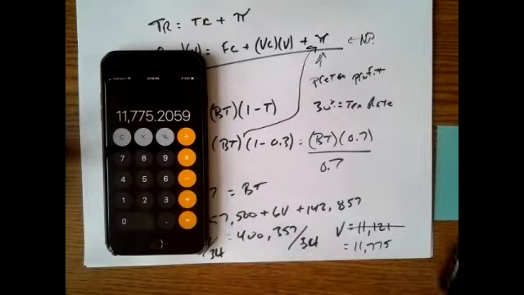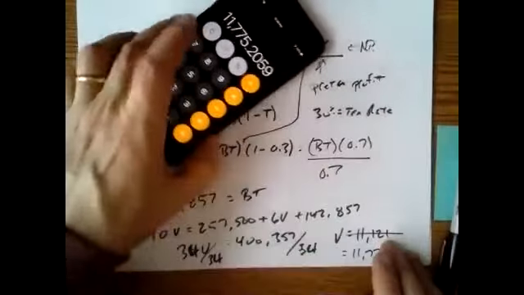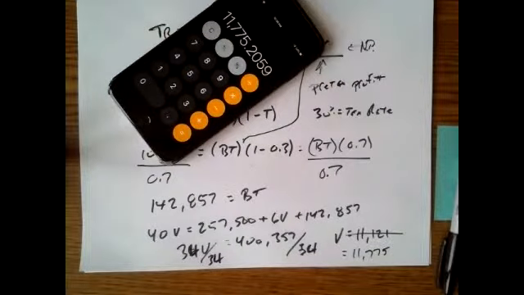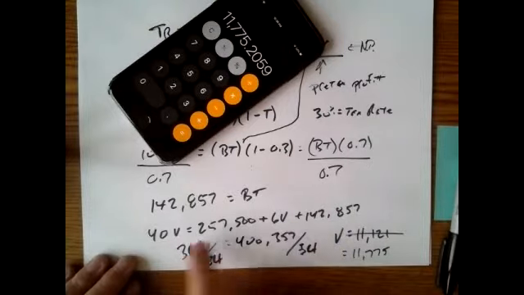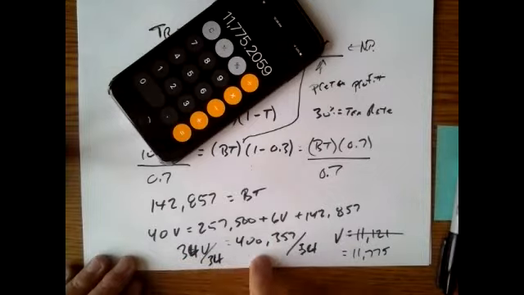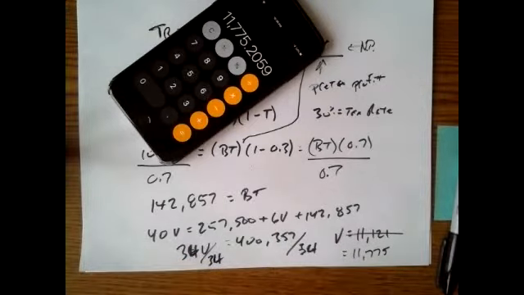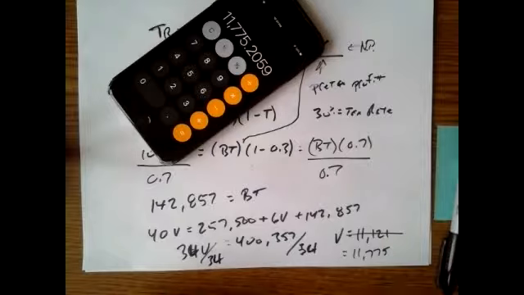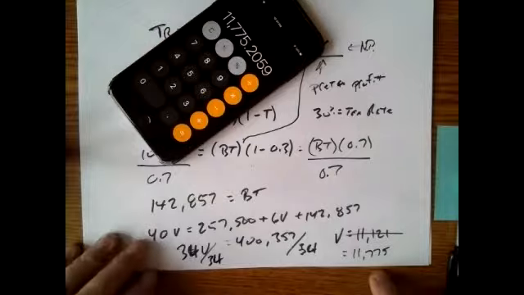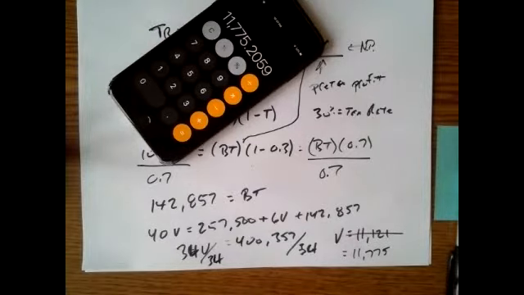All right. Sorry about that little mistake, trying to do too many things in my head here. So remember, $40 per visit, $6 in variable costs, so 40 minus 6 gives us 34 per visit. Total fixed cost plus profit. So to figure out what we need for volume to get $100,000 in post-tax profit, we'd need 11,775 visits.